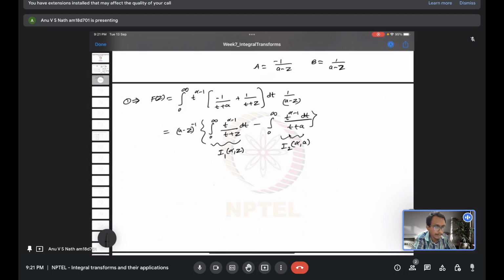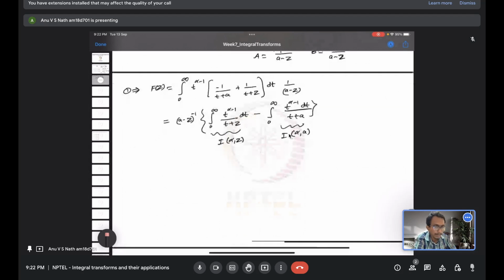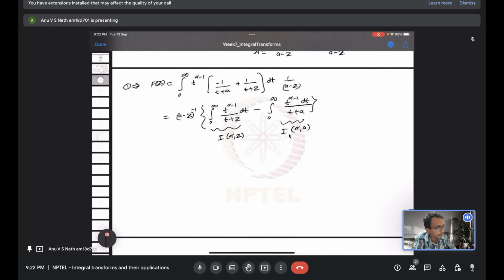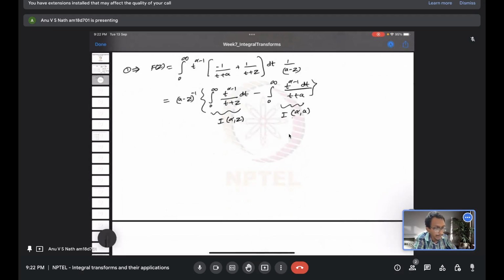So if I find the expression for one of the integrals, I can just replace the parameter. Let's say I evaluate I2 of alpha, a and replace a with z, I will get I1. I don't need to distinguish them with 1 and 2 because they are the same integral with two different parameters. I had to go to the complex plane, of course, to evaluate this integral. One thing you may get confused about is that the integration variable is actually t.